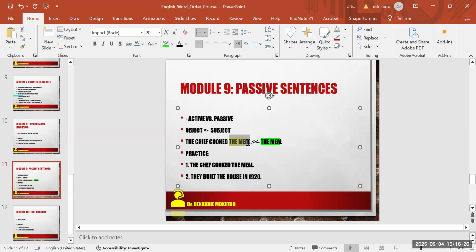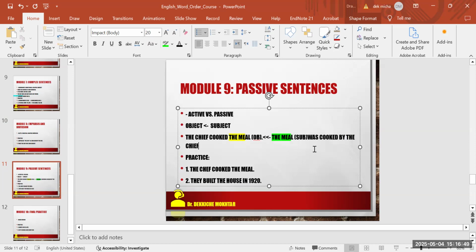Here it is the object, and here the same word, meal, became the subject of the sentence: the meal was cooked by the chef. In the passive sentence, this object became the subject of the passive sentence.